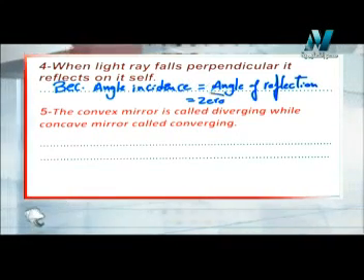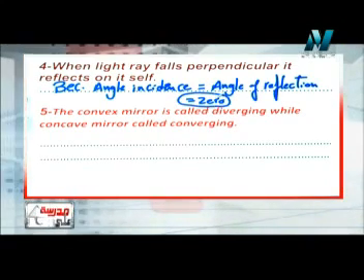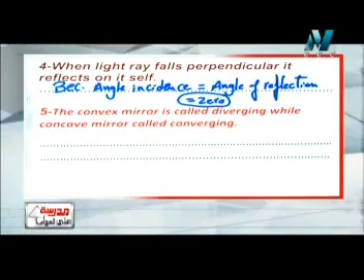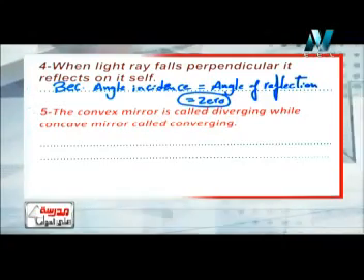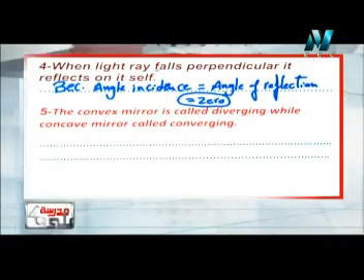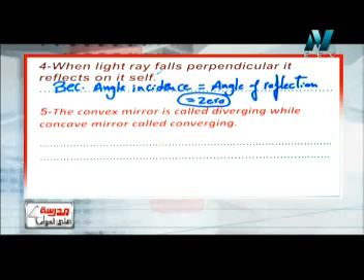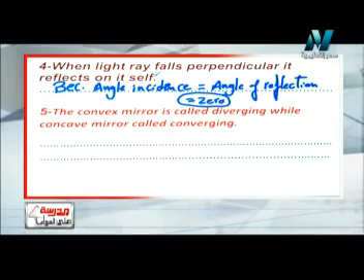In this case only it equals 0. Maybe the angle of incidence equals 30 degrees and the angle of reflection equals 30 degrees. So in this case the light ray reflects on itself because the angle of incidence equals the angle of reflection, which equals 0.